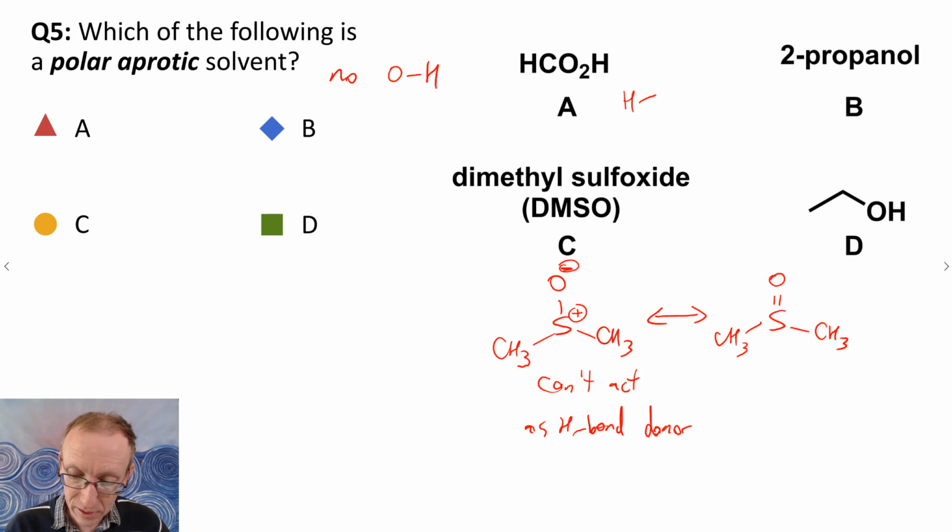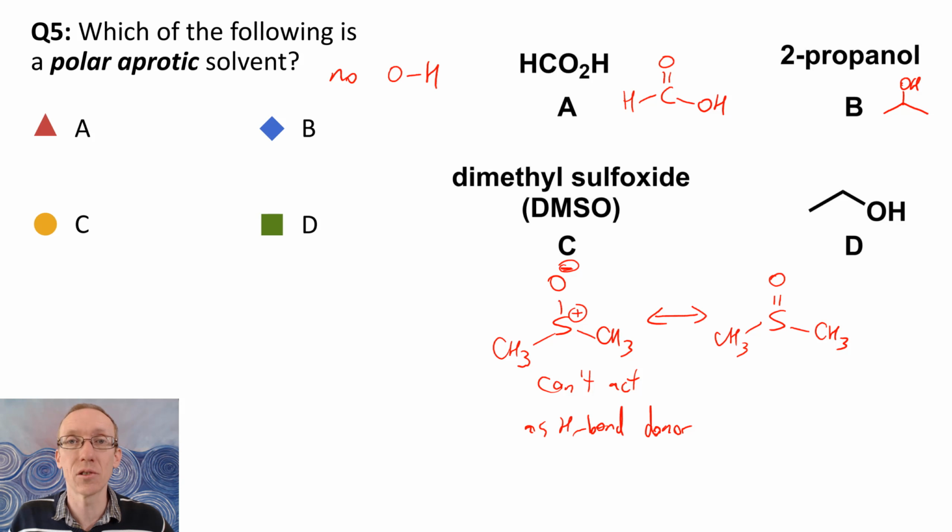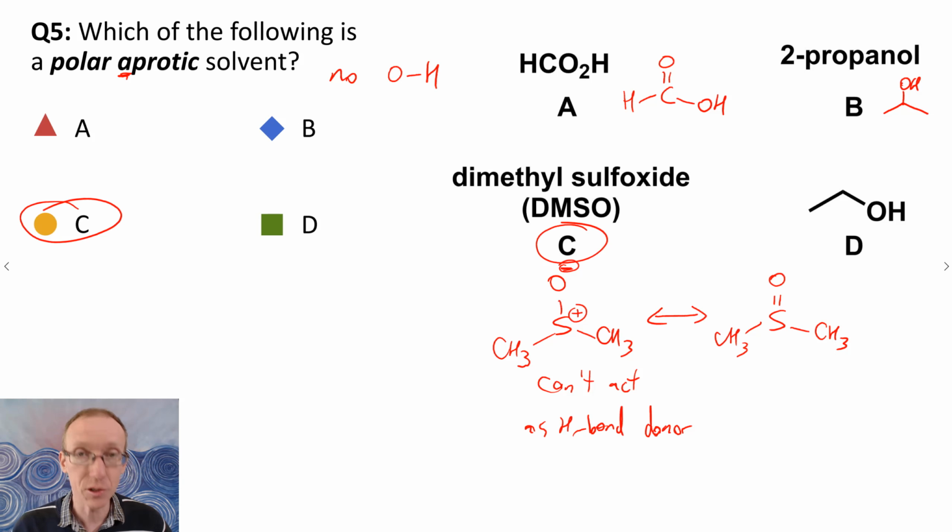A here is formic acid, so we have this group and then OH. 2-propanol is a 3-carbon chain with the OH group at the 2 position, and D is already drawn out as a structural formula. So A, B, and D all have OH groups, and so they're protic solvents. They're polar, but they're also protic. Aprotic means without an OH group, and so that's C. So the correct answer is yellow circle C.